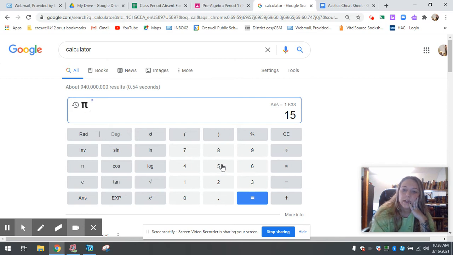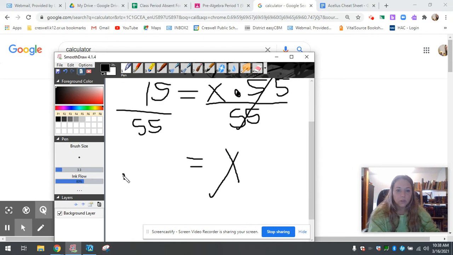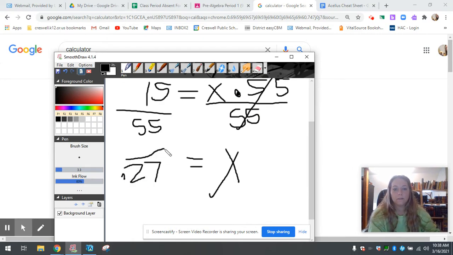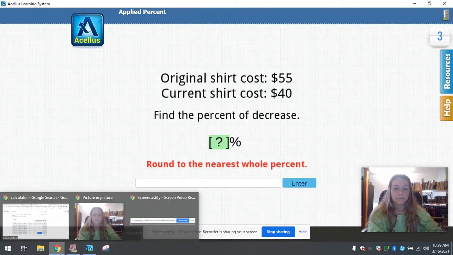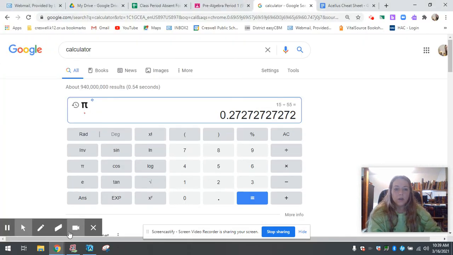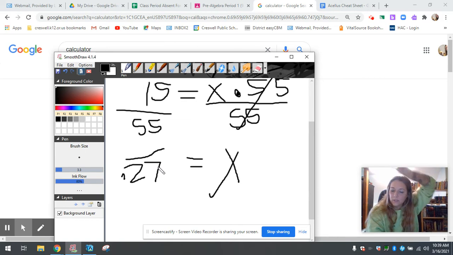15 divided by 55 gives us 0.27272727, 0.27 repeating. Okay, what did it ask us? It says round to the nearest whole percent. Just like last time, we went from a percent to a decimal.